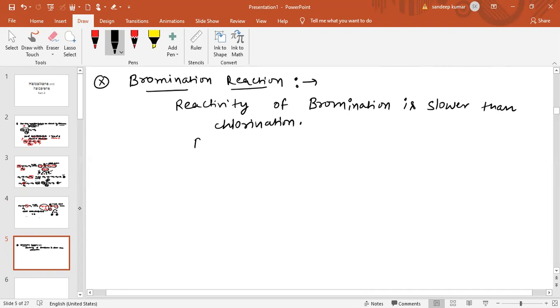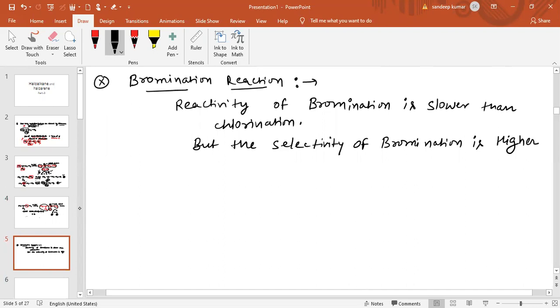But the selectivity of bromination is higher. So the reactivity of bromination is less, but the selectivity of bromination is higher.